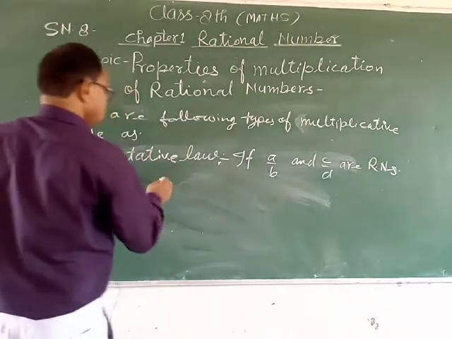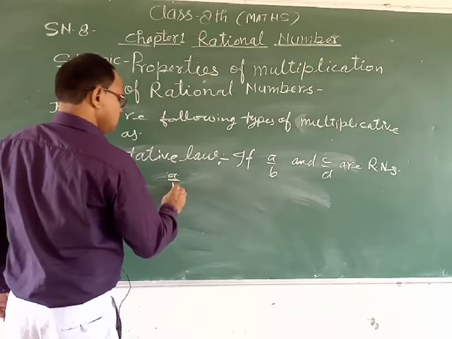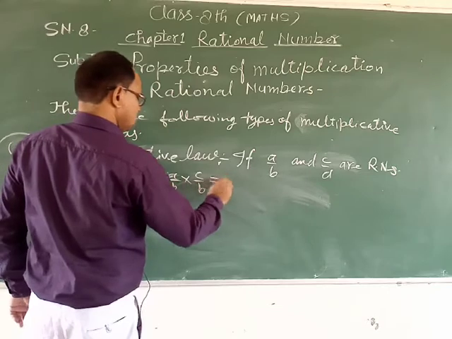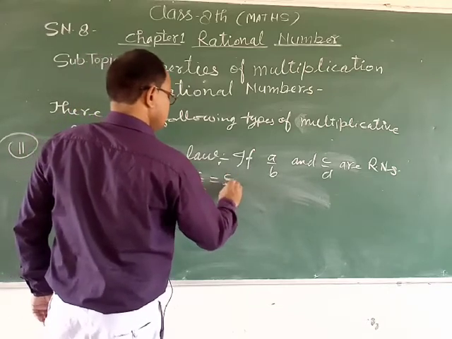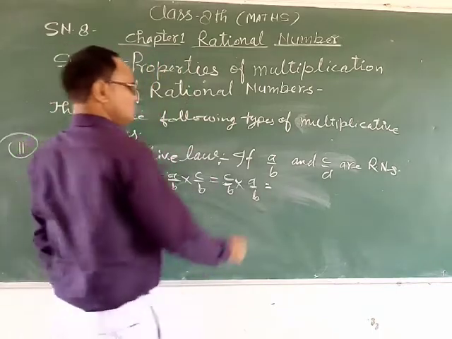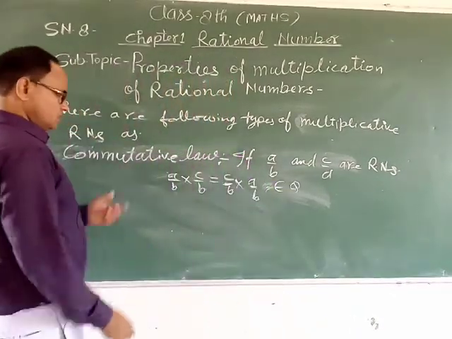Here we write A by B multiply C by D is equal to C by D into A by B, belonging to Q. Okay, student?